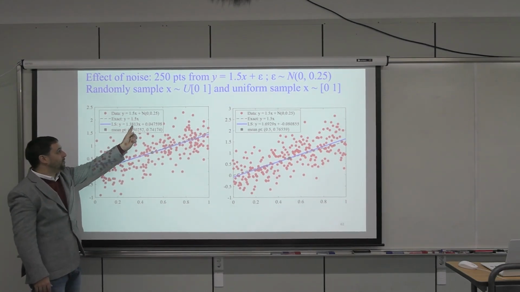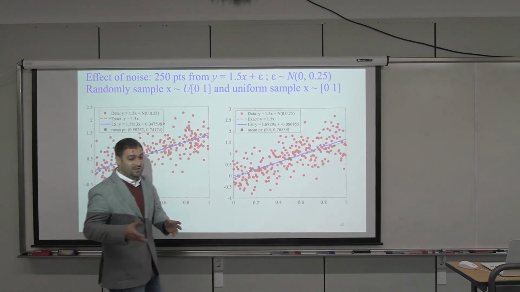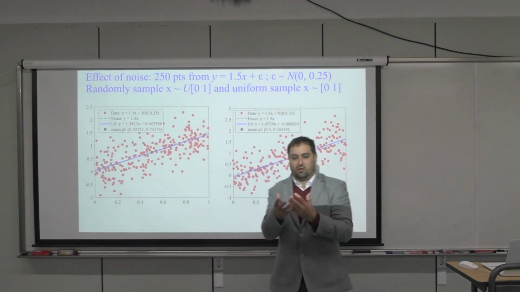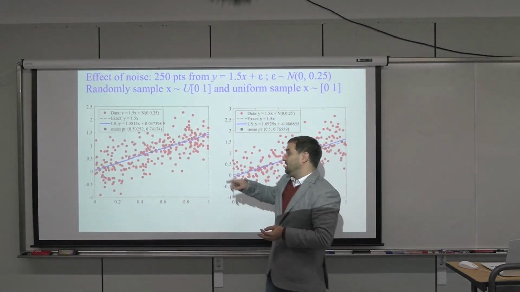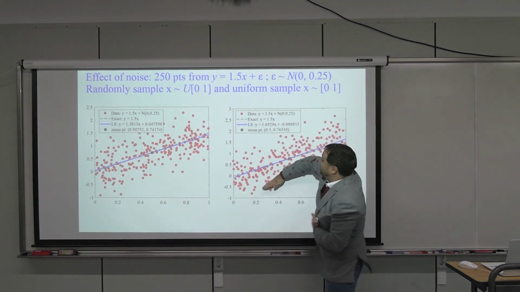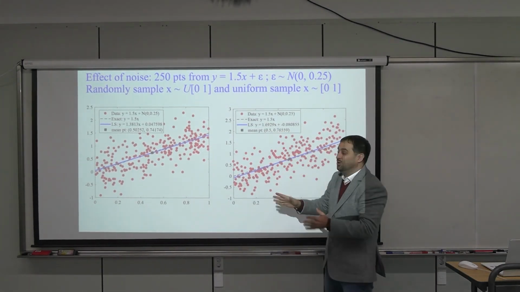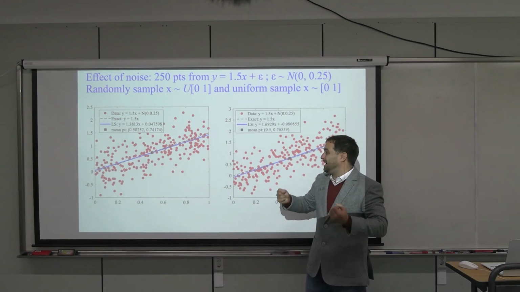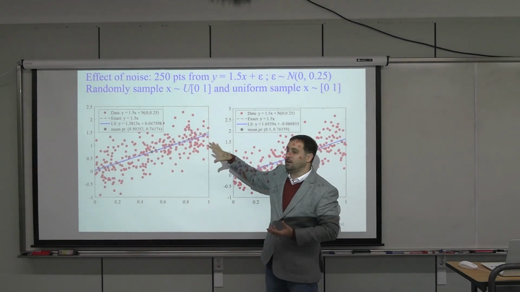This 1.3813 has really little significance, because if you just did the same experiment with 250 other data points, you could actually get a significantly different slope. So it's semi-quantitative.